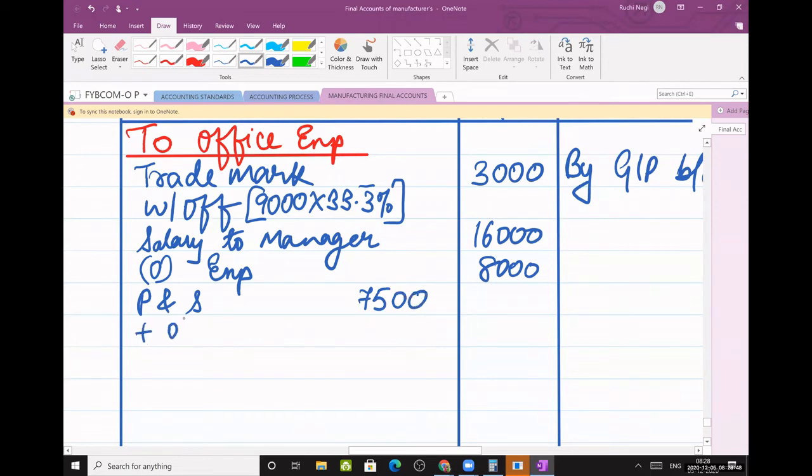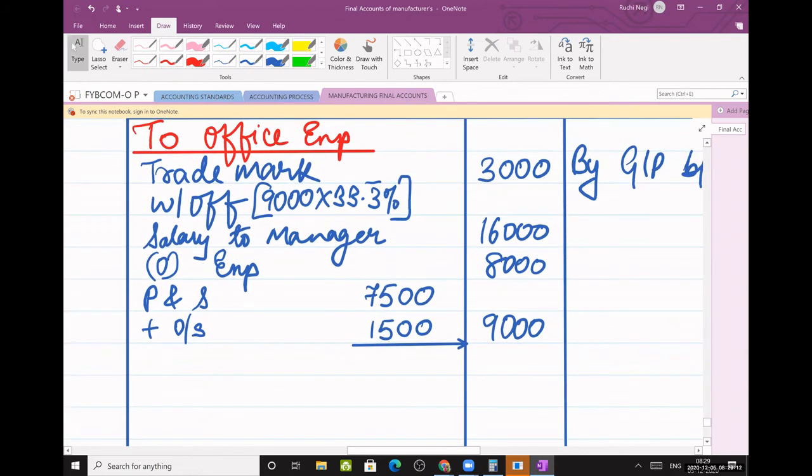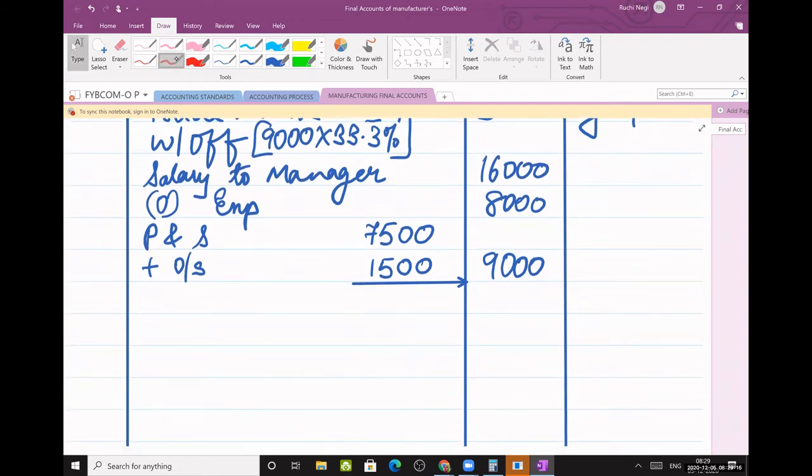Add outstanding, which is given in the adjustment, 1,500. Take the total in the outer column. That makes it 9,000. Then discount will not come there. That's it. So 1, 2, 3, 4, 5, five items are there in office. Next, write down selling and distribution.